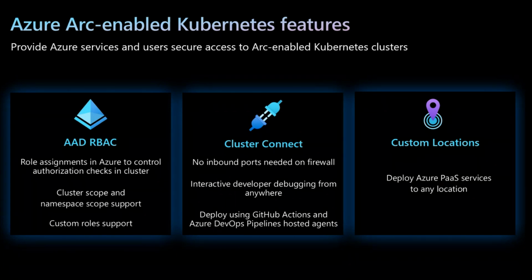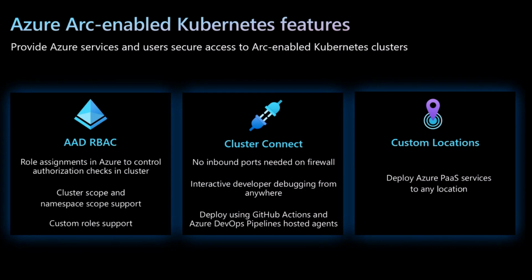As long as my Arc agent is there and it has outbound connectivity over HTTPS to my Azure control plane, I can run those commands. It uses a reverse proxy and enables me to do that. And a similar thing for the GitOps and open service mesh as well.